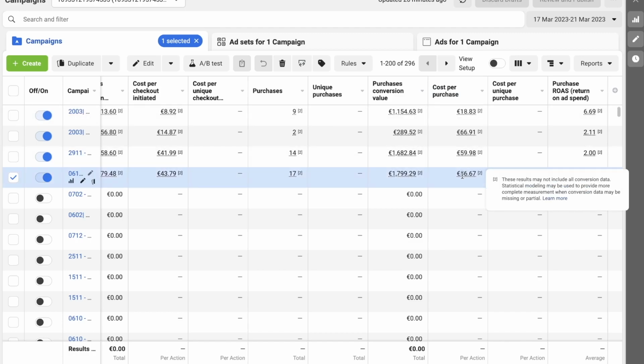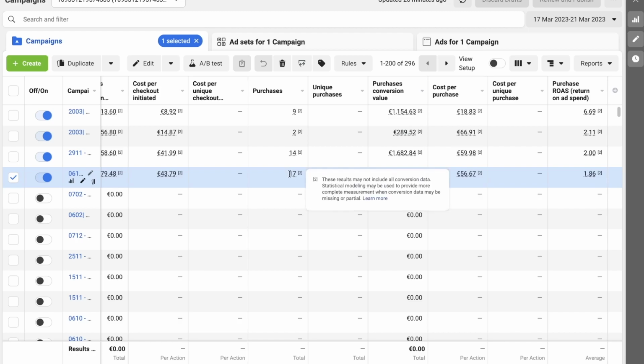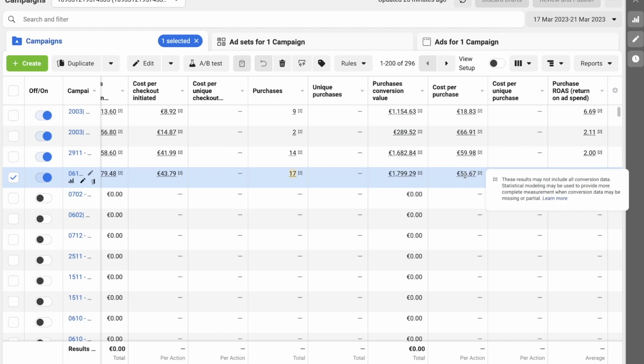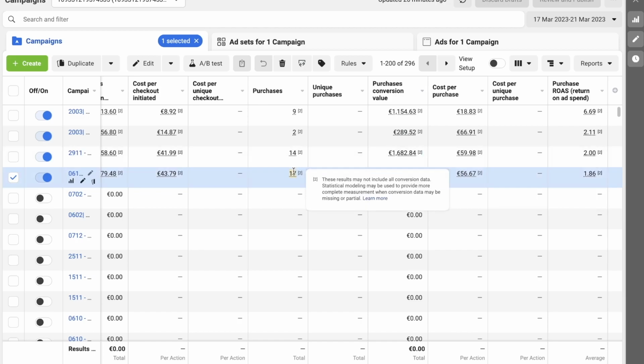And now, again, cost per purchase. This is just the number that is shown here by taking your amount spent and dividing it through your purchases. This is what gives you a number. How much does it cost you in ad spend to get one purchase on average?